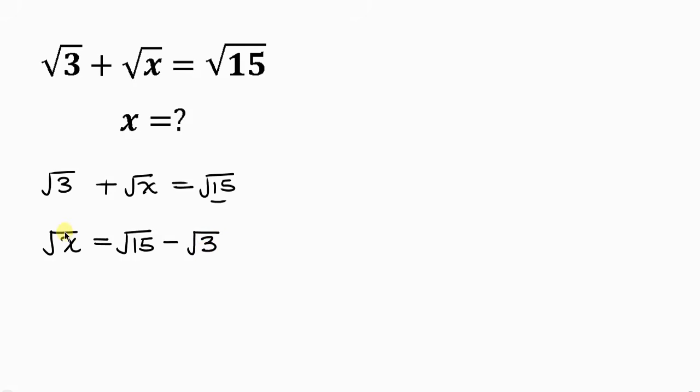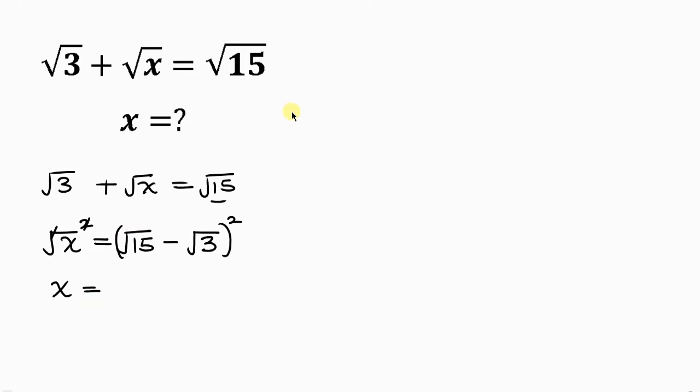Now, to get rid of this square root, we have to take the square of both sides. So I'll take the square of the left, and I'll also take the square of the right. Now, this square cancels out the square root, leaving behind x equal to, now look at the right hand side.